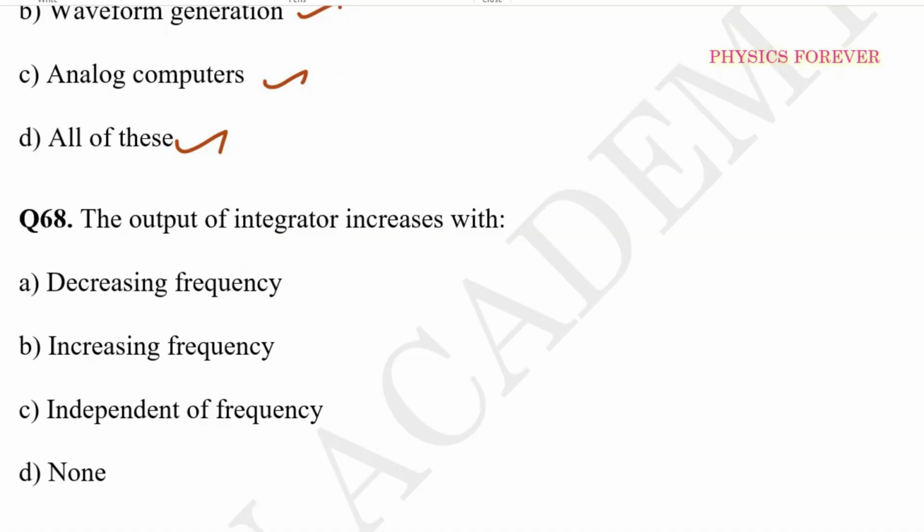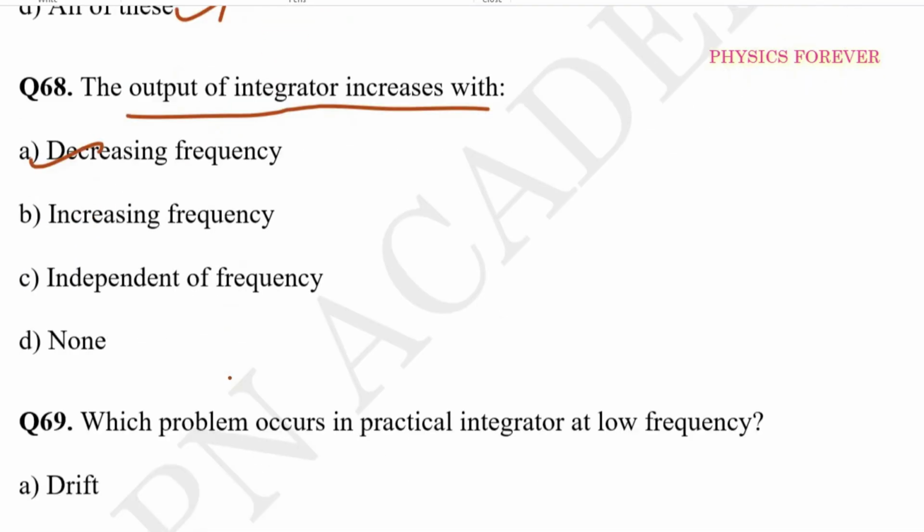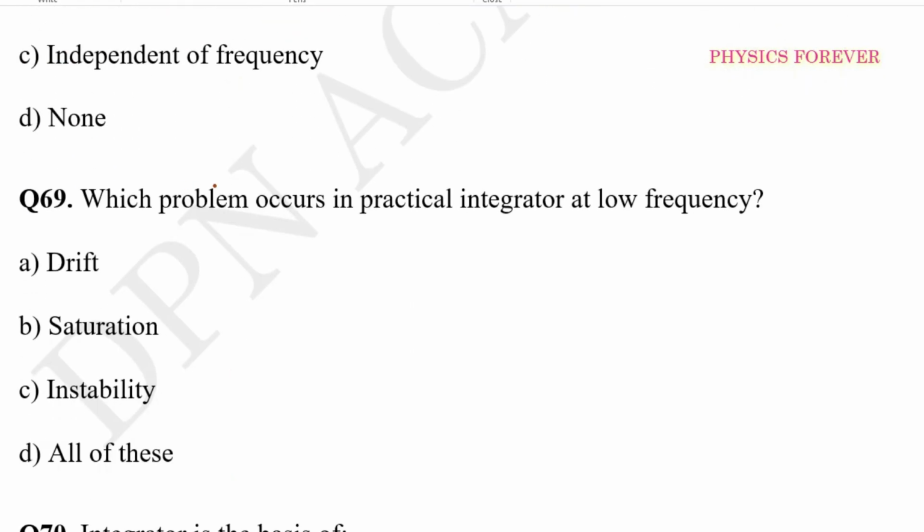Okay, so the output of integrator increases with, option A is correct, decreasing frequency. There should be a low pass behavior. 69, then which problem occurs in practical integrator at low frequency? At low frequency, drift, saturation, instability.